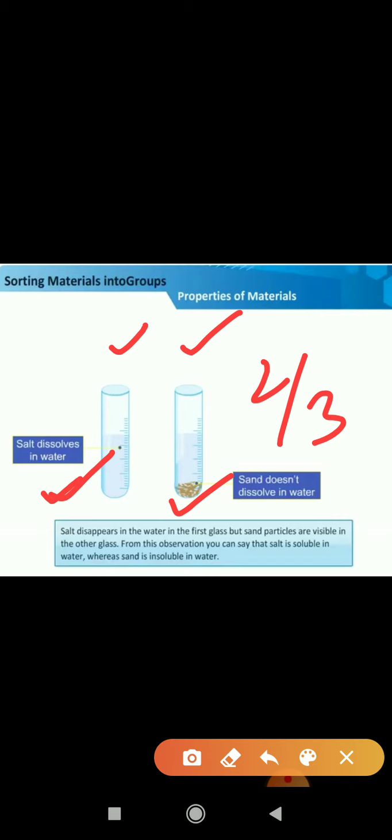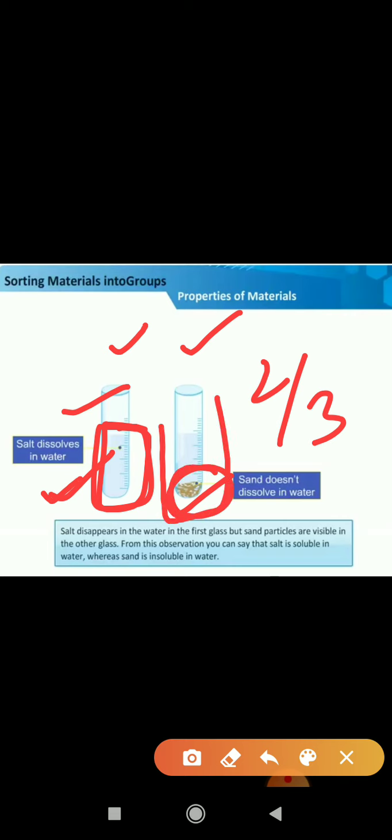You can observe these two beakers: the salt dissolved in water, so no particles remain in this beaker, but in this beaker you can observe some particles lying in the beaker. These are sand particles, because sand does not dissolve in water.